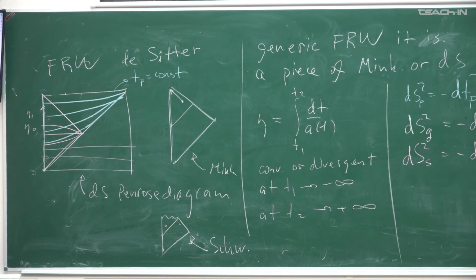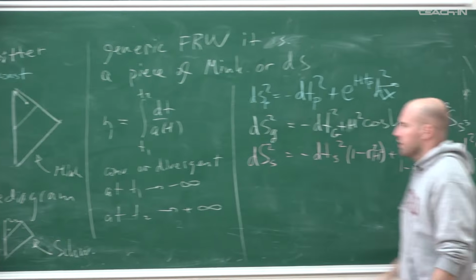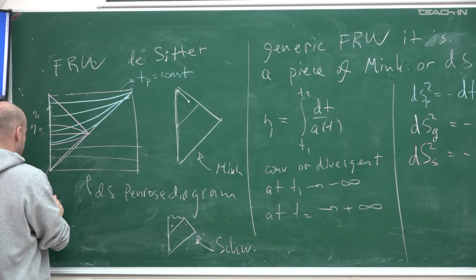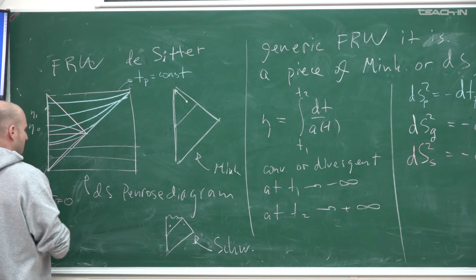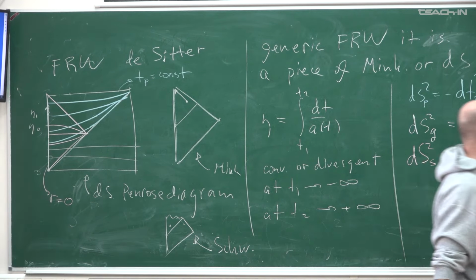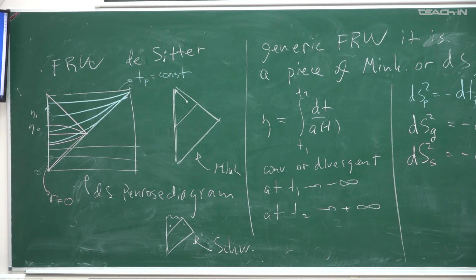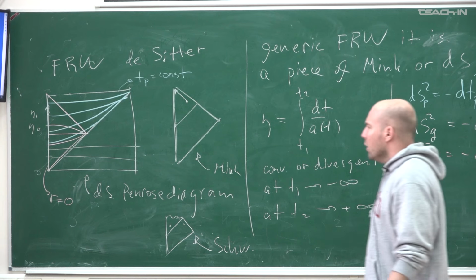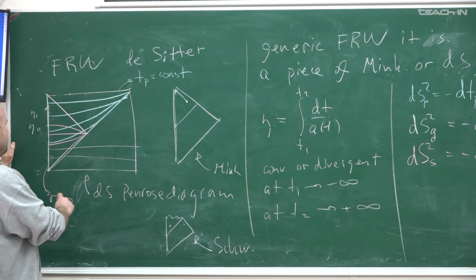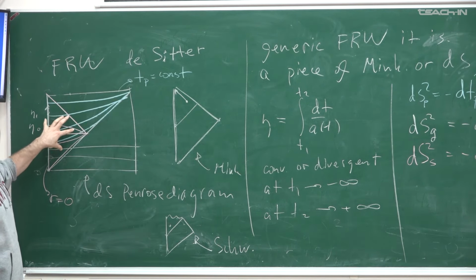Because with r equals 0, this line in the static patch coordinates, the sphere shrinks to a point. So this is this red region, inside of this red triangle.